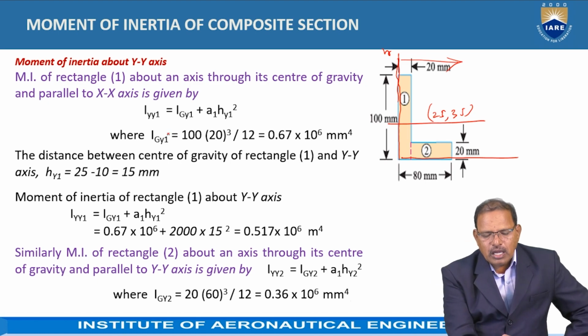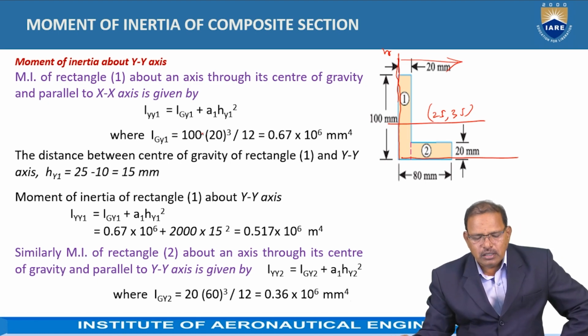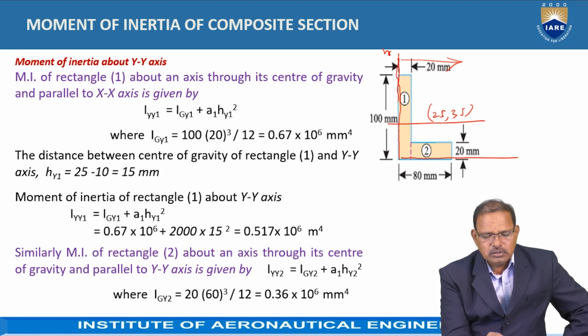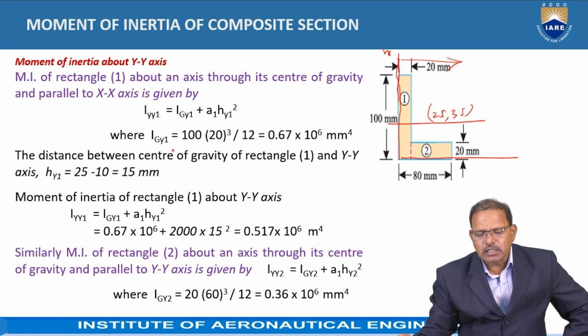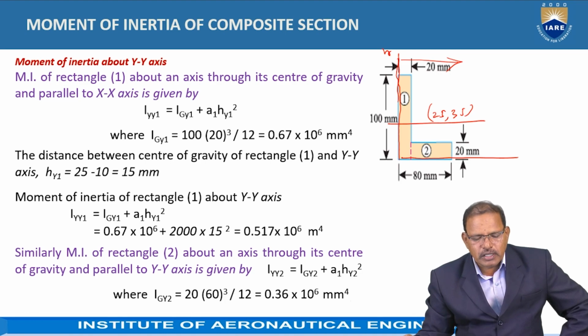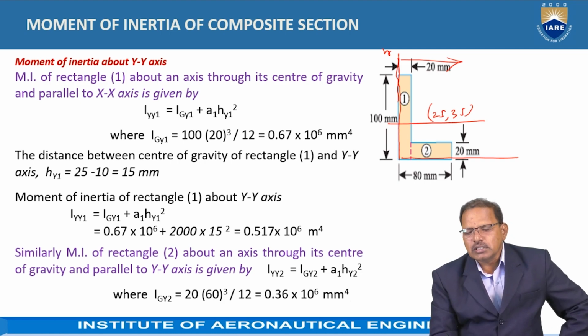So here Iy1 is equal to Igy1 plus A1 Hy1 squared, where Igy1 represents the moment of inertia of section 1 about the y axis passing through the central axis of element 1.